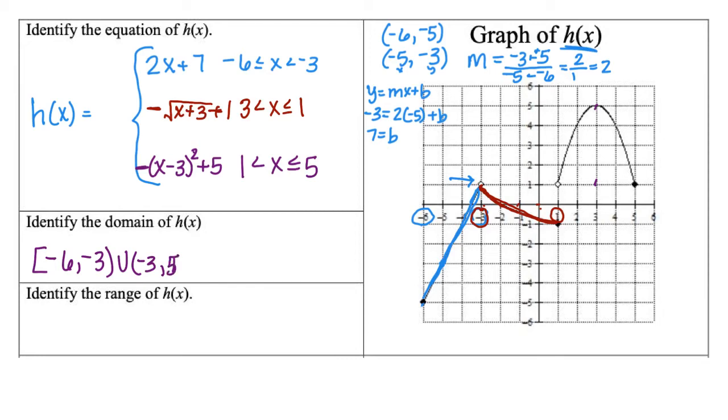So there we go, and 5 is included. And then let's see about the range. It looks like we're going to start with -5 and stop with +5, so this is going to be -5 included to +5 included. Okay, moving on.